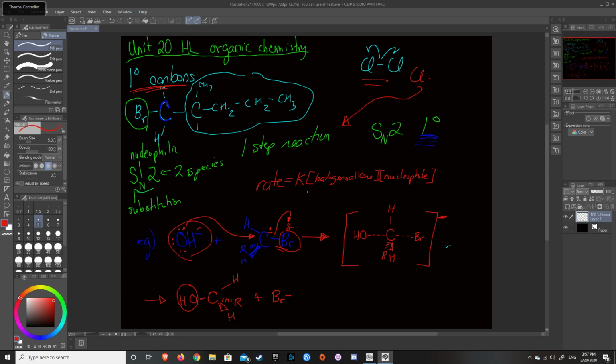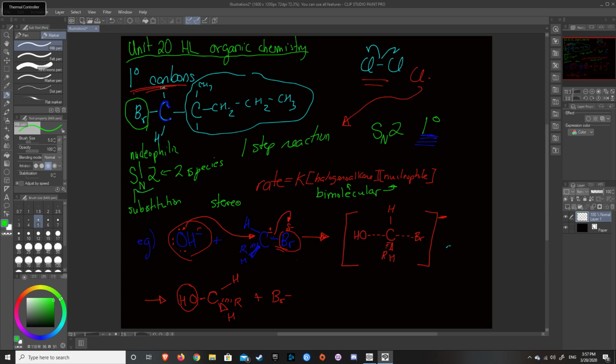And we say that if it's dependent on 2 different things, it is bimolecular. It depends on 2 different molecules coming together. And we need to remember that it's stereospecific.